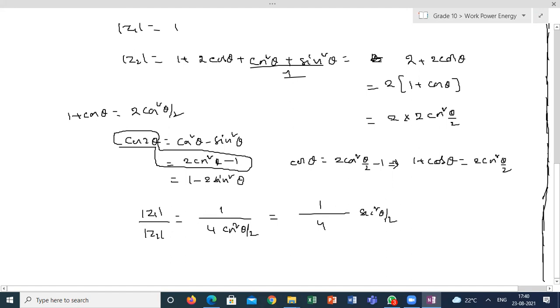How will you get it? The answer is half secant theta by 2.